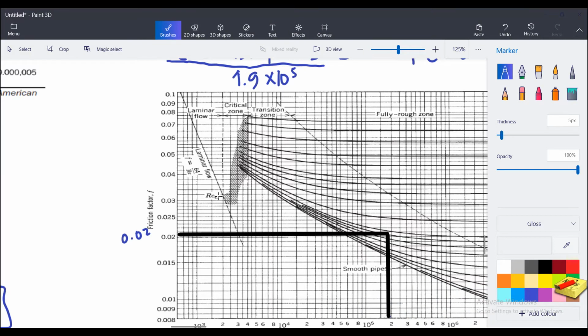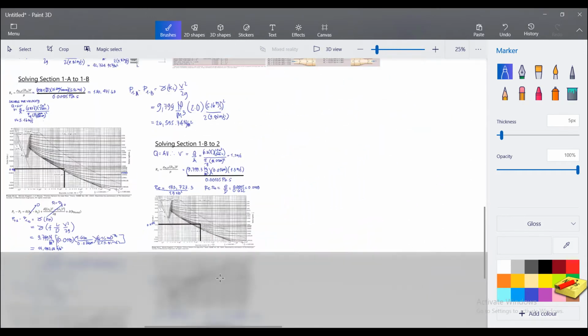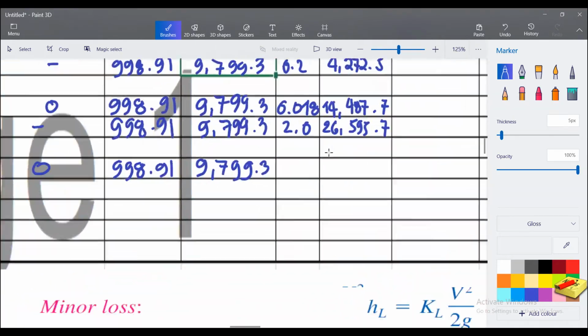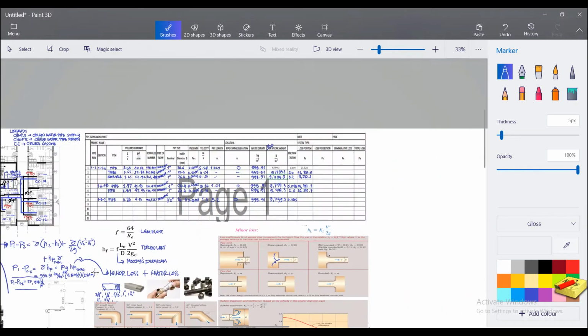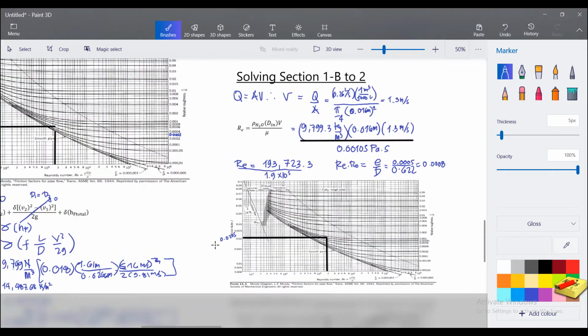So this can be 0.0 since this is your 1. So this can be 0.5. Okay. So we have your friction factor of 0.0205. Okay.